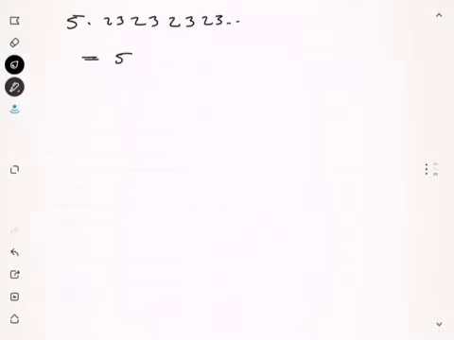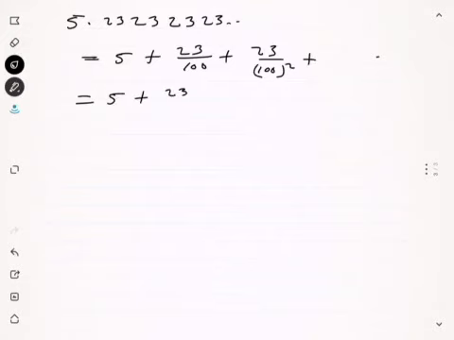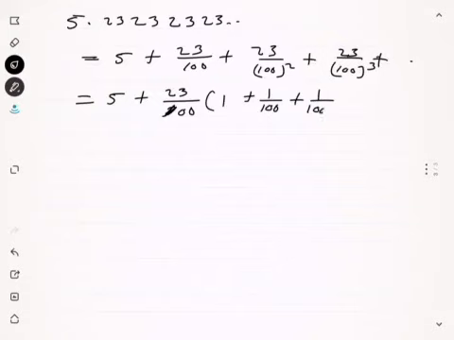This is equal to 5 plus 23 over 100 plus 23 over 100 squared plus 23 over 100 cubed plus and so on. You can factor out the 23 over 100 from that series, and then you get 1 plus 1 over 100 plus 1 over 100 squared plus and so on.